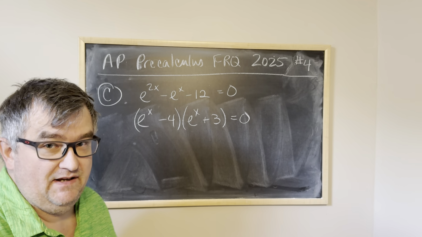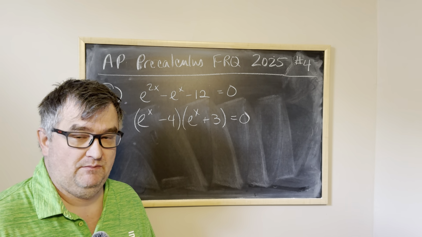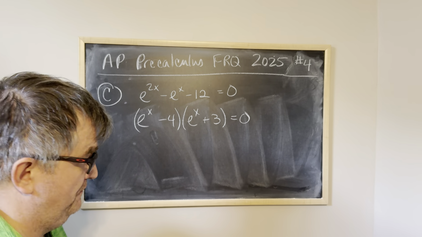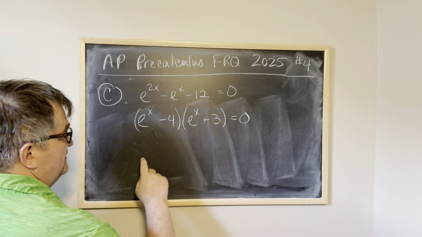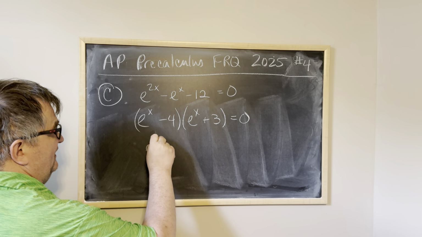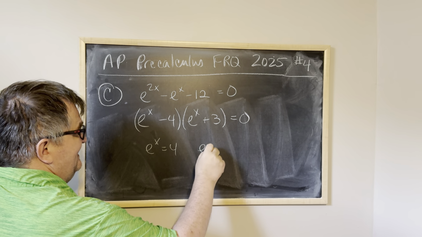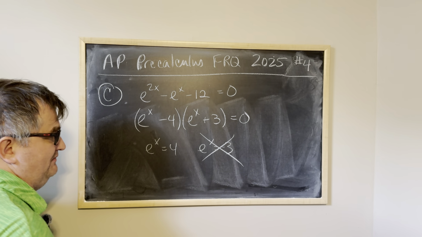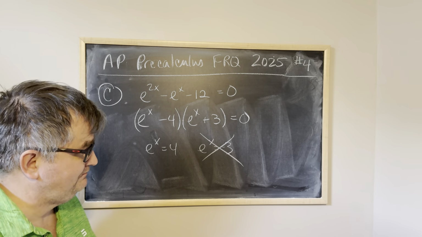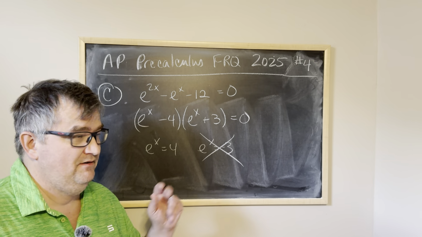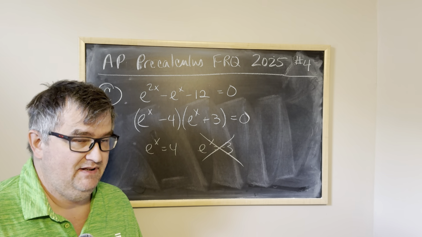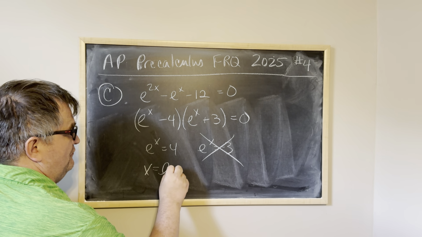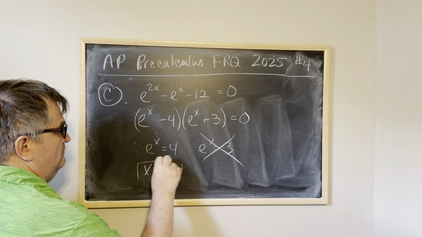And now you see why looking at the problems is important, because this is free points. This should not challenge you. And so now what we have is e to the x equals 4, or e to the x equals negative 3. We can immediately toss that one out, because we know e to the x can never be negative in the range. And so we know that x is the natural log of 4.